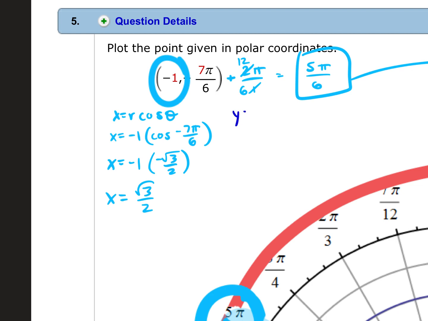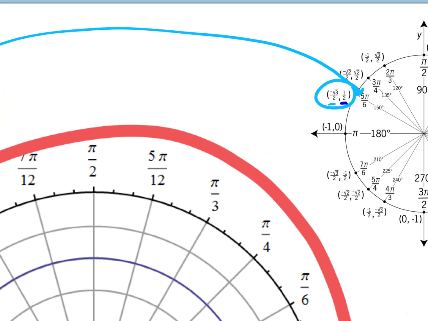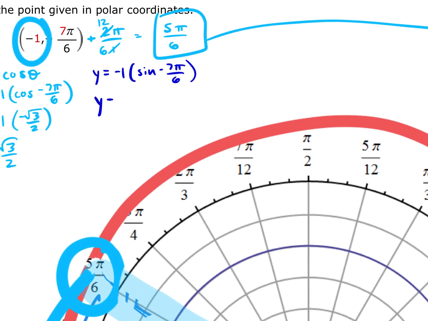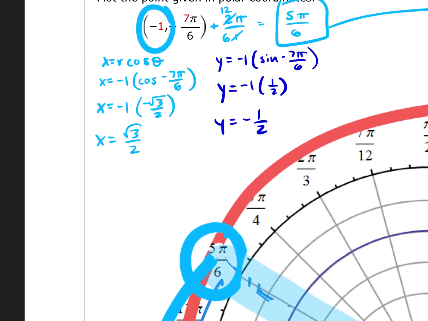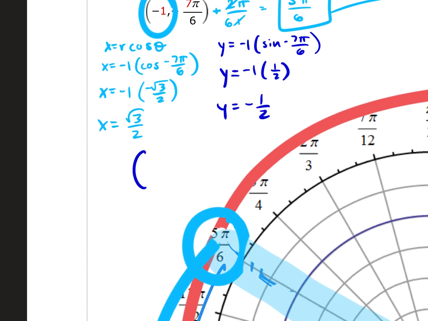And then for our y, we have y is equal to negative 1 times sine of negative 7 pi over 6. So we're looking at the y coordinate, which is 1/2. So y is equal to negative 1 times 1/2, which would just be negative 1/2. So our rectangular coordinate point is square root 3 over 2, comma negative 1/2.